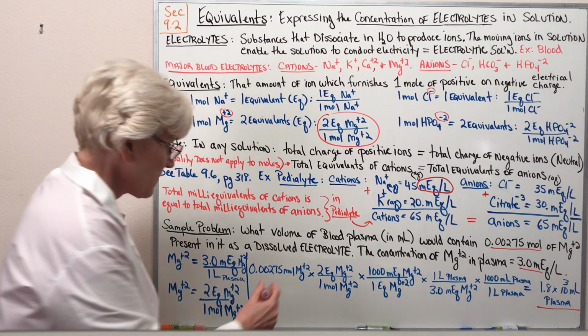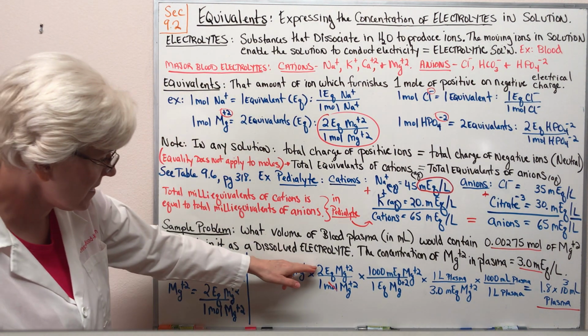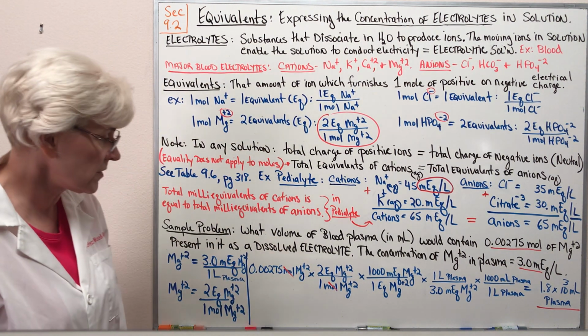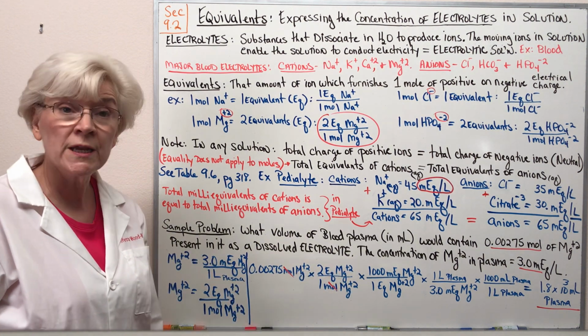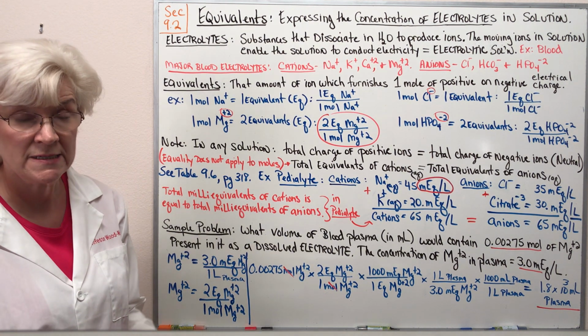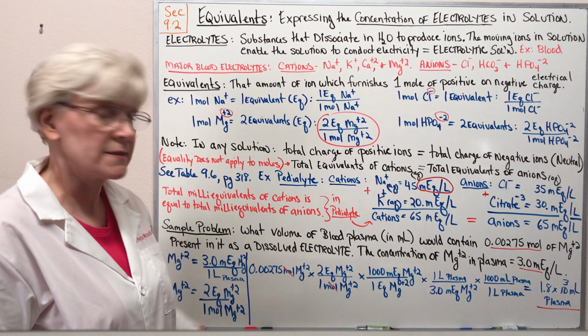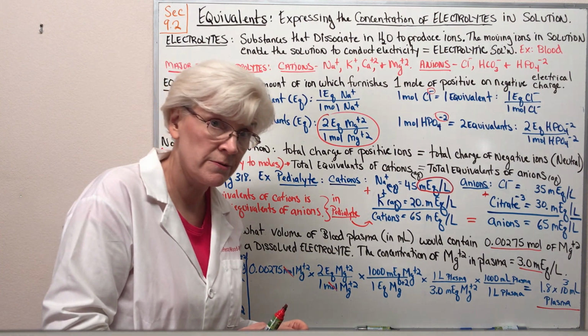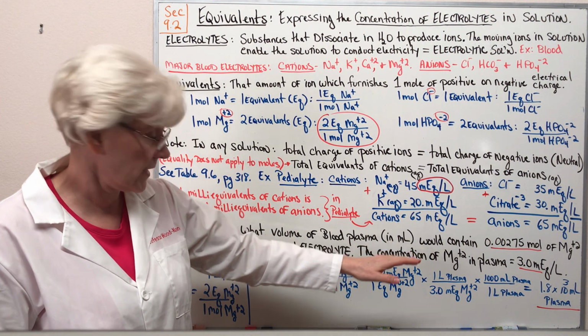So looking at our dimensional analysis, our moles of magnesium ion cancel. We have 2 equivalents per mole of magnesium ion, and if we stop our problem right here, we know equivalents of magnesium ion that is needed. But we need to take that equivalent amount and convert it into milliequivalents in order to use our concentration properly.